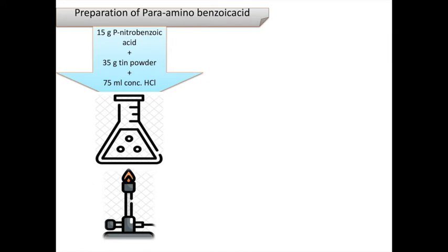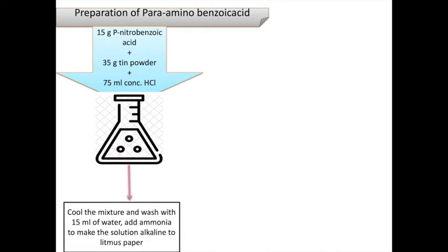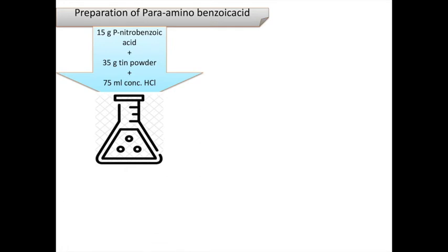After that, allow it to cool for some time and decant the liquid into one flask and wash the residue with water, and after that make it alkaline using concentrated ammonia solution, testing with litmus paper.